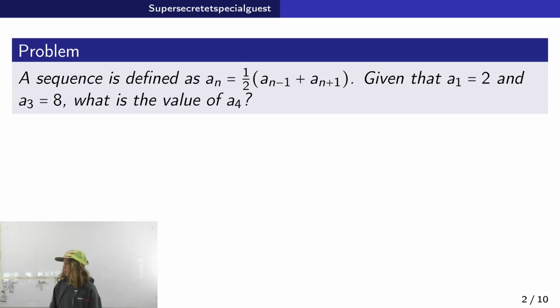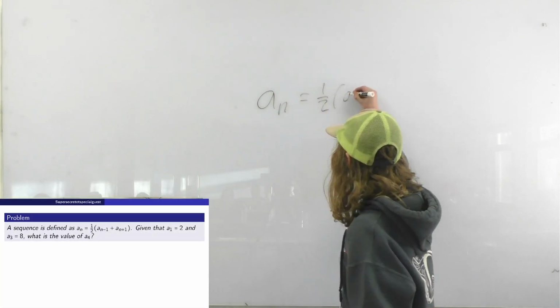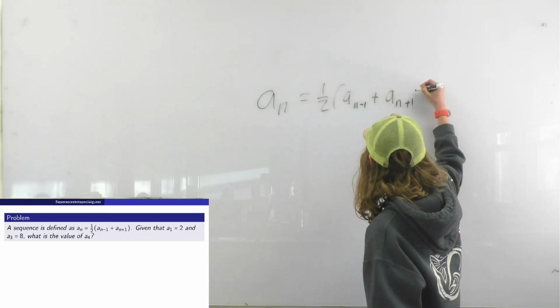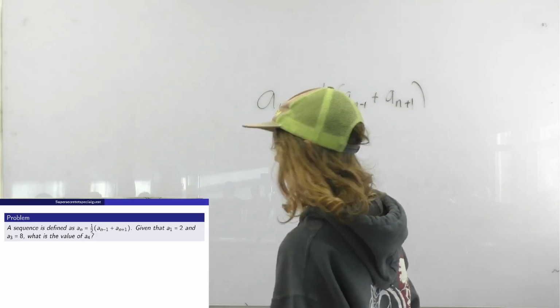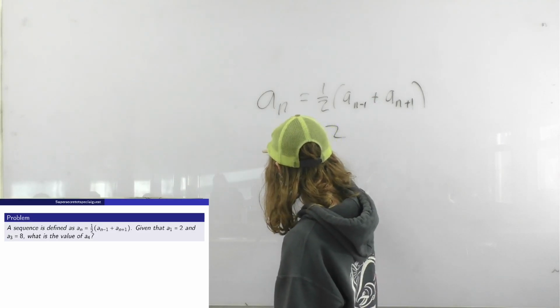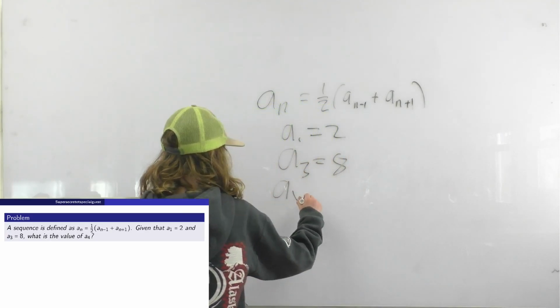Given that a_1 equals 2 and a_3 equals 8, what is the value of a_4? So a_n equals 1/2 times a_(n-1) plus a_(n+1). It also says that a_1 equals 2 and a_3 equals 8, and we're trying to find a_4.